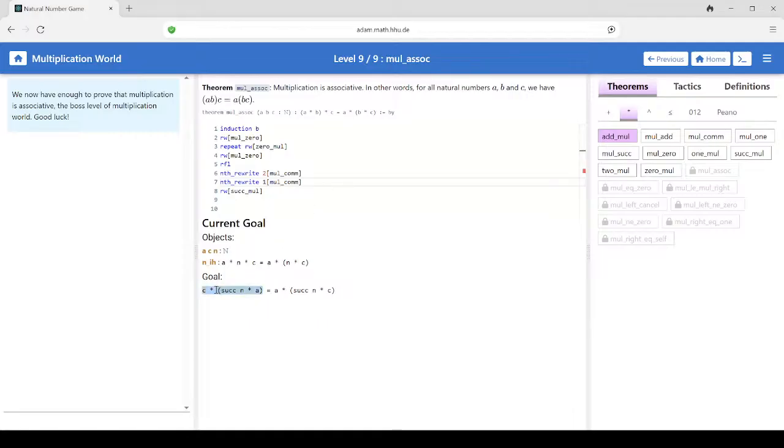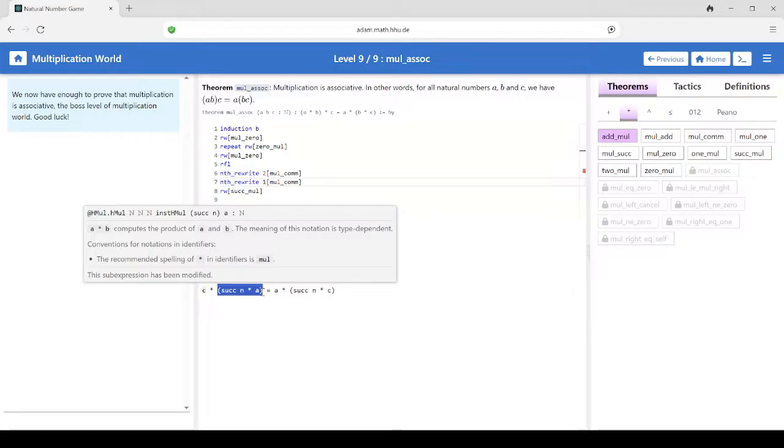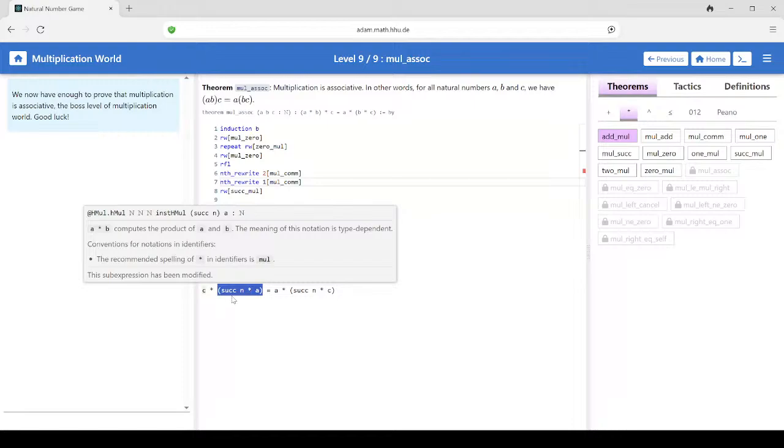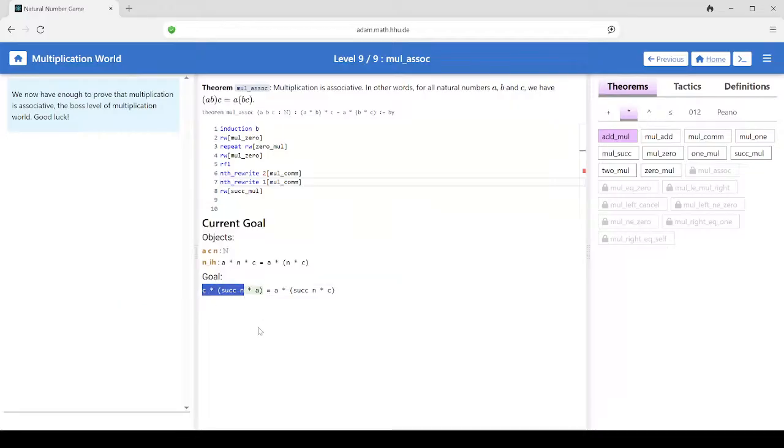If I wanted to change the order in which things are being multiplied, I would need the associative property, but that's what we're trying to prove right now. So I don't think there's any way for me to switch it so that these two get multiplied first.